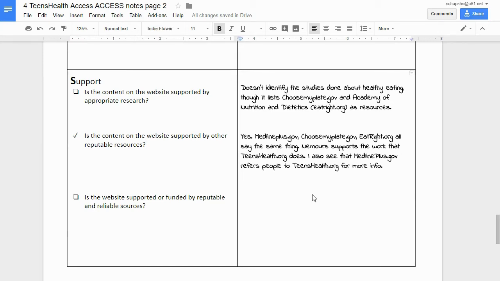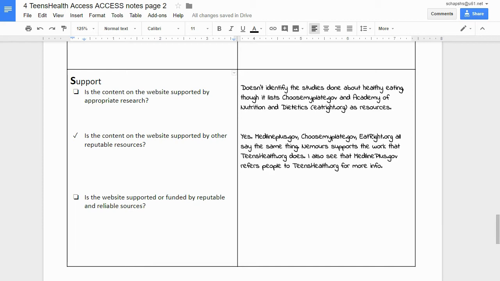Okay, we're on to the last question for support. The question is: is the website supported or funded by reputable and reliable sources? Remember that funded is where the organization or the website gets their money, either to pay for the website itself or to pay for the work that the organization does. It's sometimes not clear.